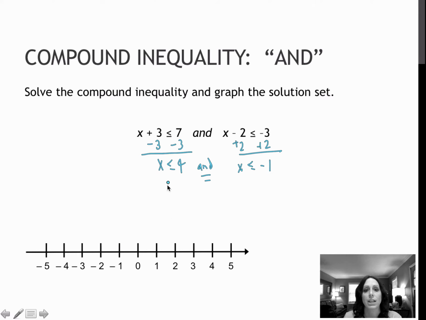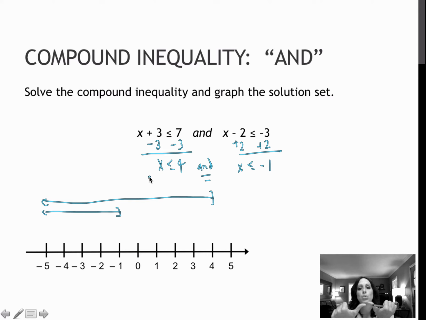Let's take a look. If I have x is less than or equal to 4, that would look like this. And if I have x is less than or equal to -1, that would look like this. So where are they both shaded? In this case, most of the time we have two that are going in opposite directions and we get that middle part.